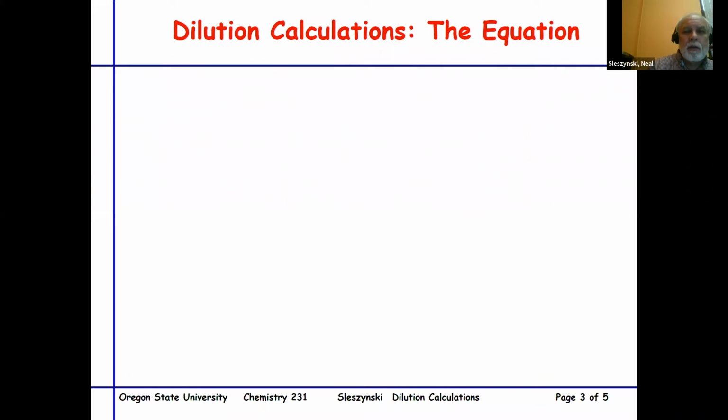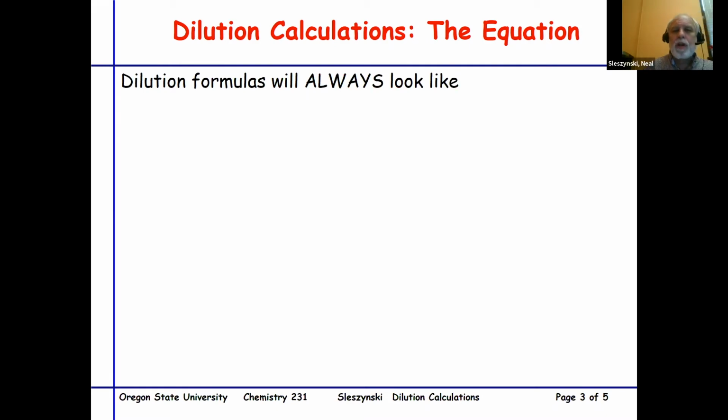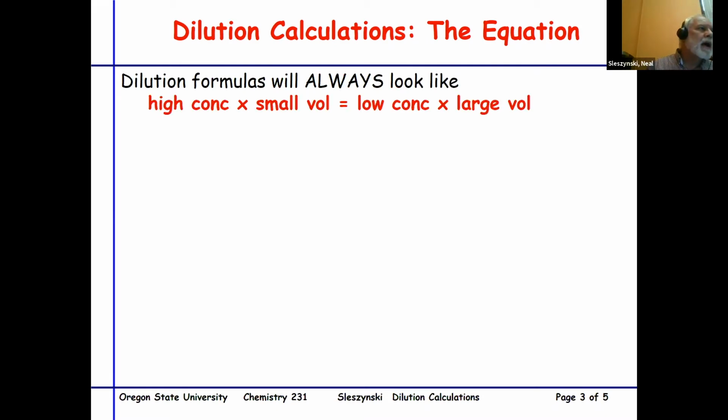Okay, so let's take a look at the basic equation we're going to use for dilution calculations. Dilution formulas will always look like the following. High concentration times small volume equals low concentration times large volume. We usually abbreviate this with C1V1 equals C2V2, where the high concentration is C1, the small volume is V1, the low concentration is C2, and the large volume is V2.